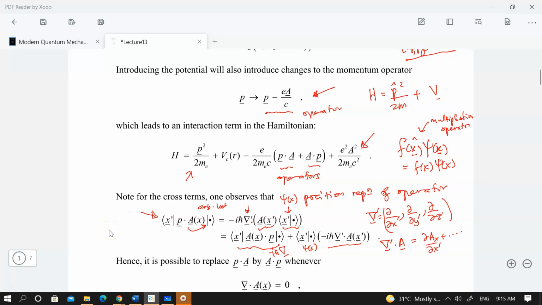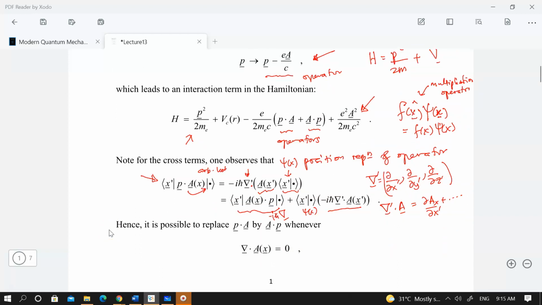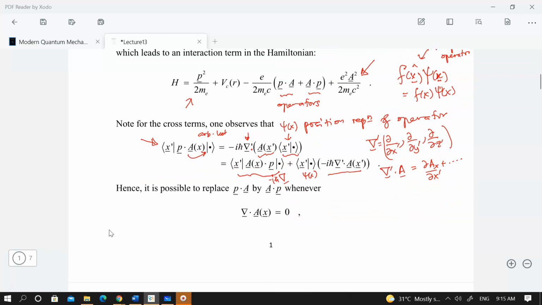The essential thing about this is the fact that one gets this term expressible in terms of the different ordering. Remember that this P dot A, we are considering at the moment, but you also have this A dot P, and A dot P appears also from this action of your gradient onto the whole thing here.